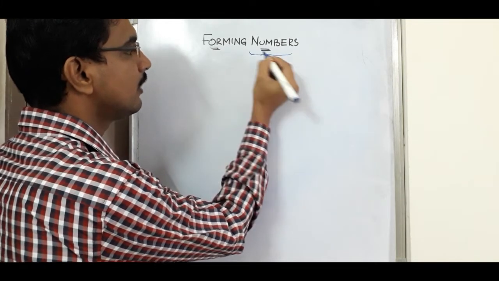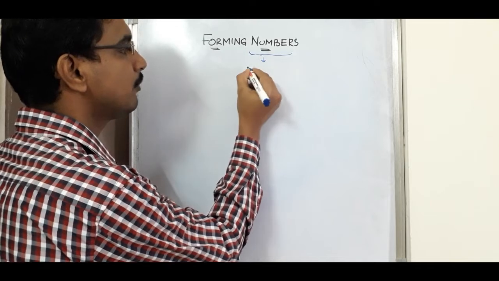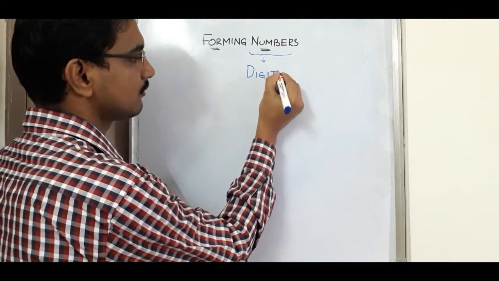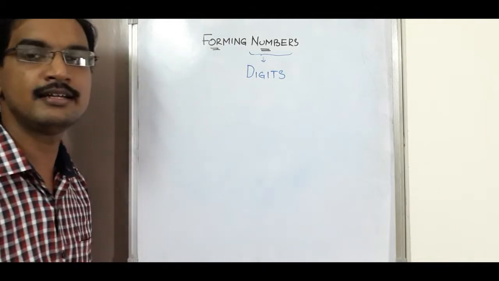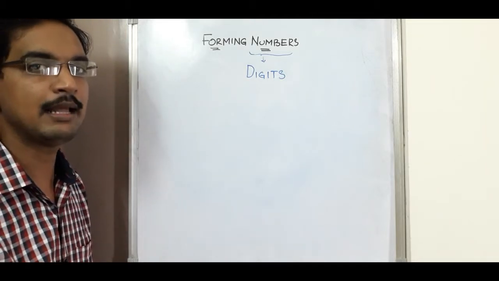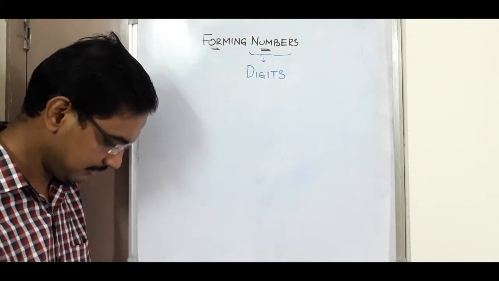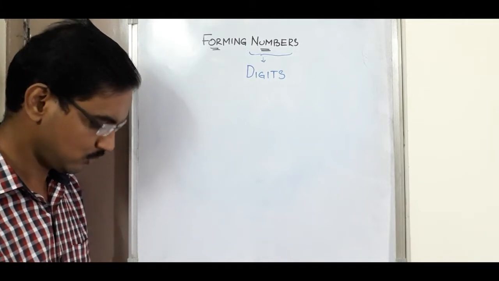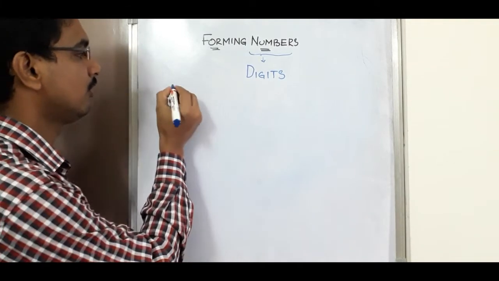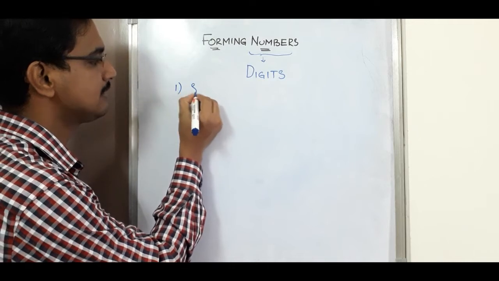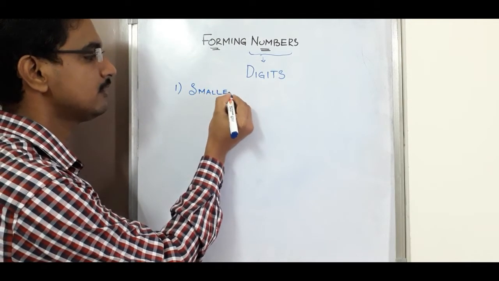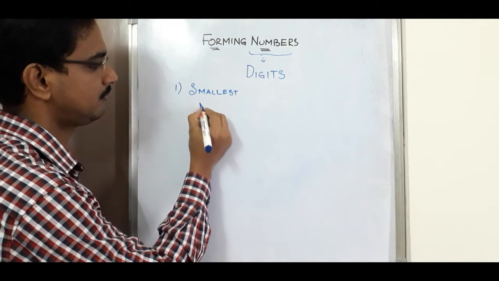That means they will provide different digits to us, and using the respective digits we have to form the numbers. So there exist three methods to form the numbers. The first one is forming the smallest number.